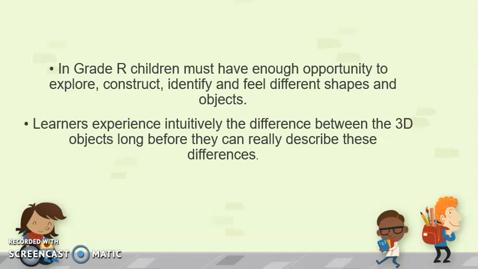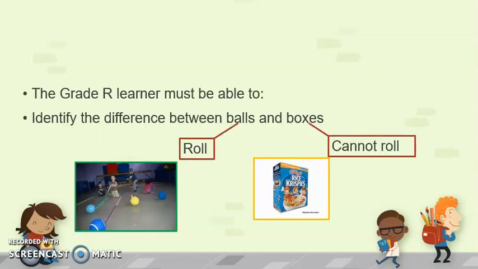The learners experience intuitively the difference between three-dimensional objects long before they can really describe these differences. In grade R, it is expected of learners to identify the difference between balls and boxes, namely one can roll and the other not.